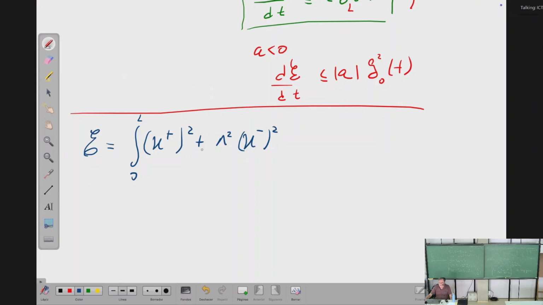Each energy is conserved separately, in a separate way, so I can put a constant here. There is no problem, right? Because this is conserved and this is conserved.